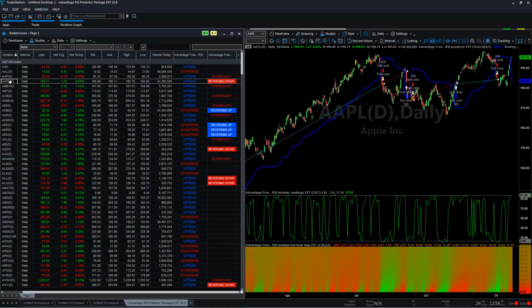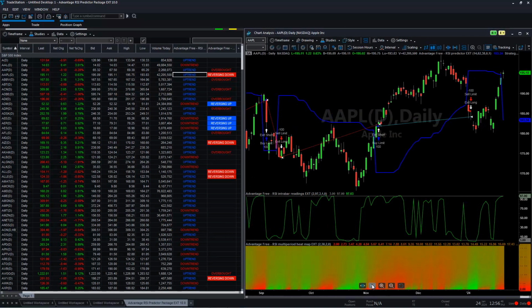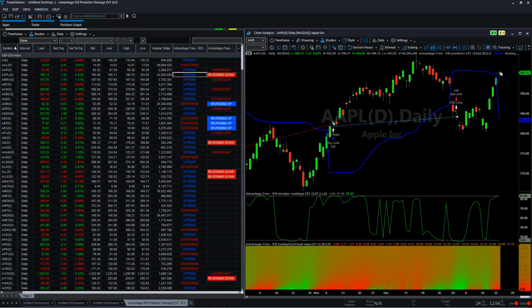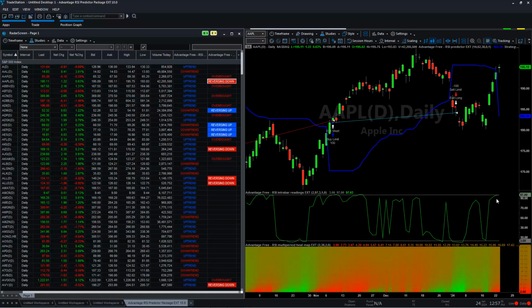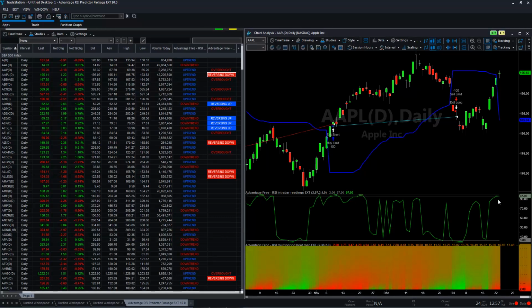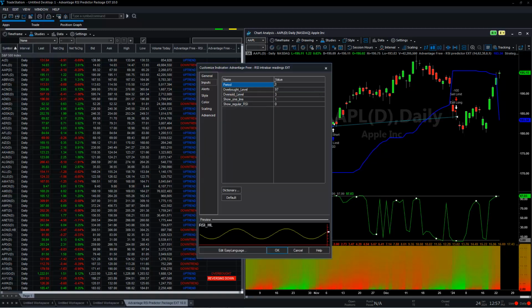Apple is in the uptrend because the price just broke above the trailing stop, so that's the uptrend, and the signal from intrabar readings is reversing down because the highest reading of RSI, in this case RSI 2, and the overbought level is set to 97.